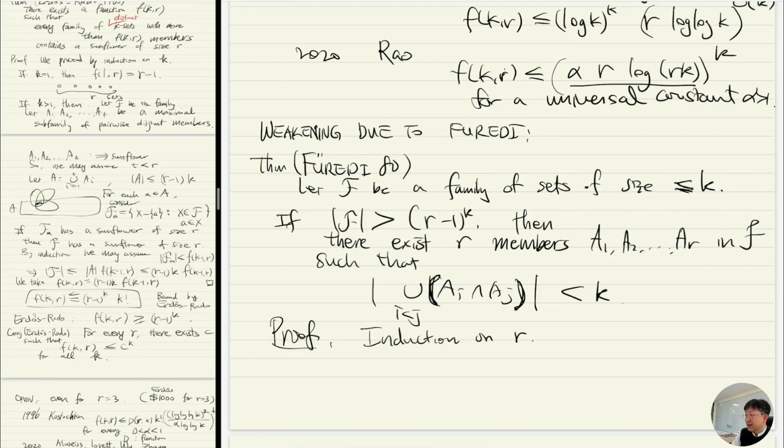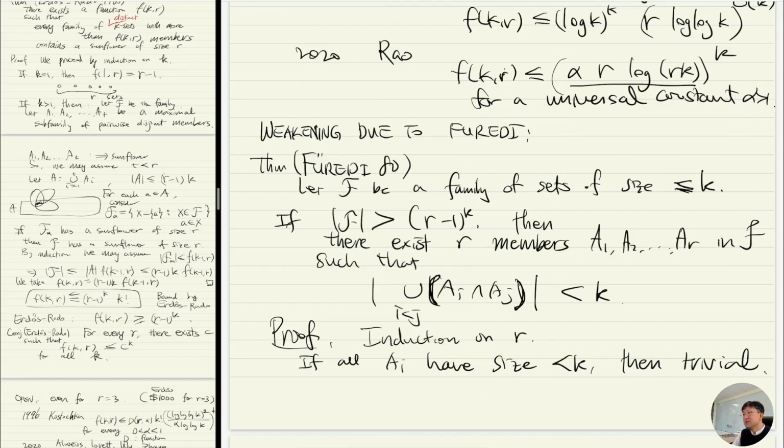If all A_i have size less than k, then trivial. Why?